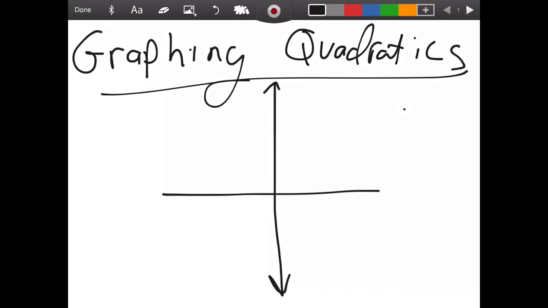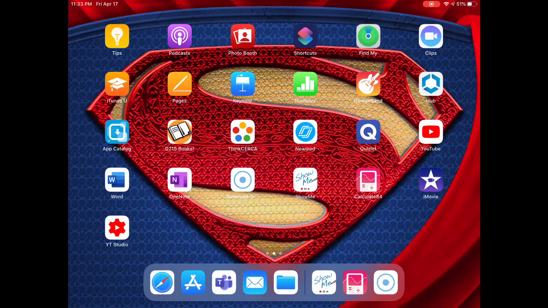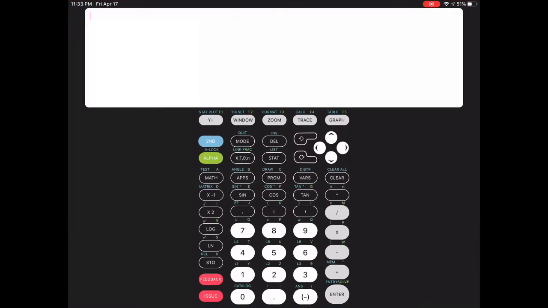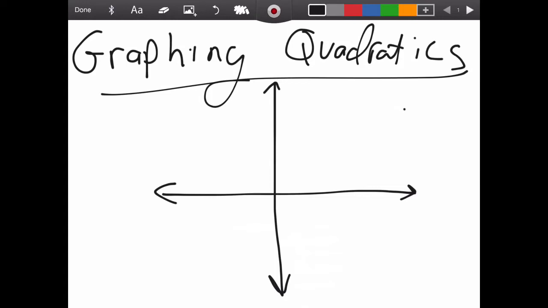If you don't have a graphing calculator, you can download what I downloaded, which is here, Calculator 84. That's what it looks like. That's on the Apple, any of the iPhones or iPads. And if you have Android, then it's Wabbit EMU.